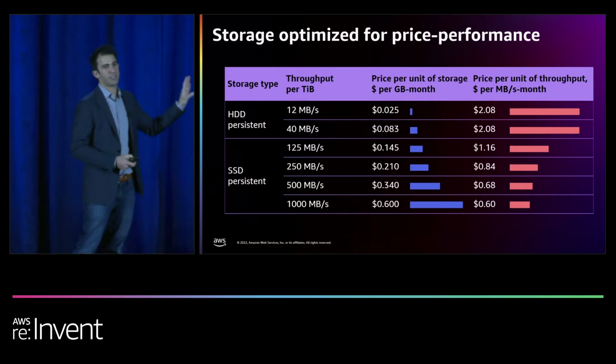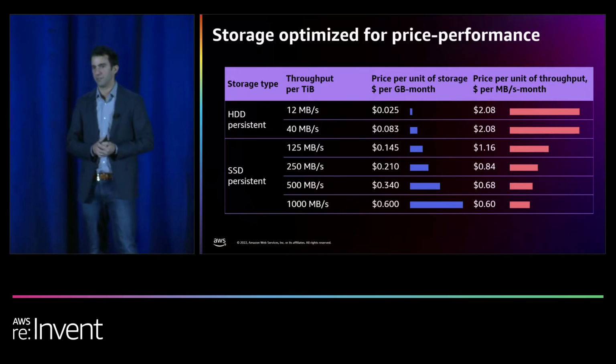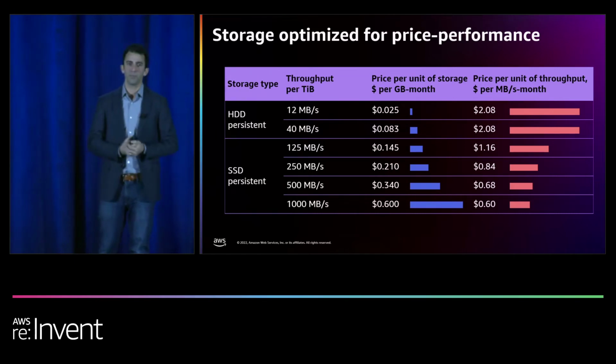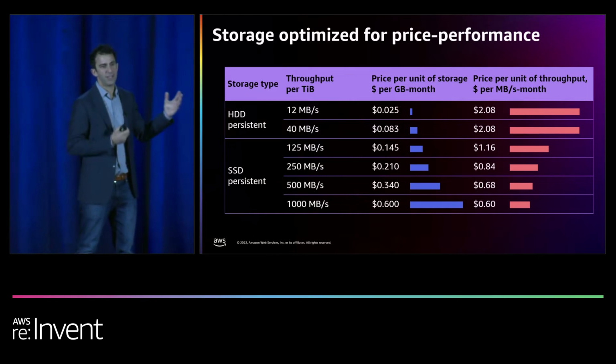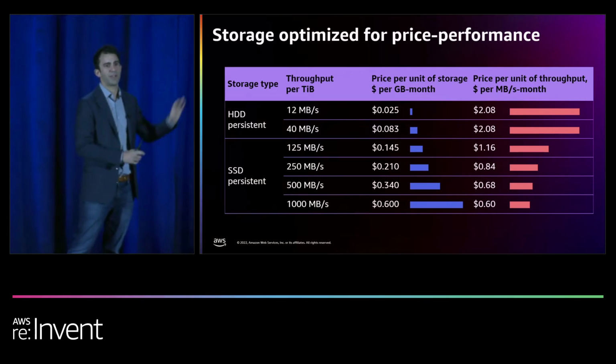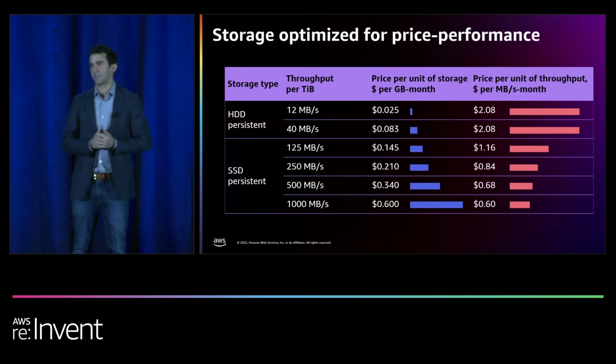The densest throughput offering that we have is actually on the high end, our solid-state disk file systems, because those can actually stream throughput faster than our hard disks. And so you can see on this, the lowest cost on the throughput perspective is actually on our solid-state offering.